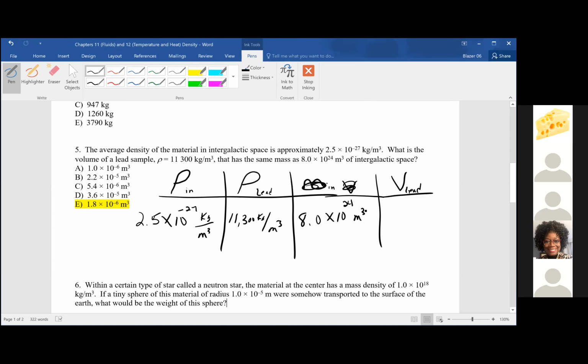So we have the mass, we have the volume of the, hold on. So I don't even have any eraser anymore. Mark through this. So this is the volume of the intergalactic space. So from there, we can find the mass of it. So they're asking us then to find the volume of the lead sample.